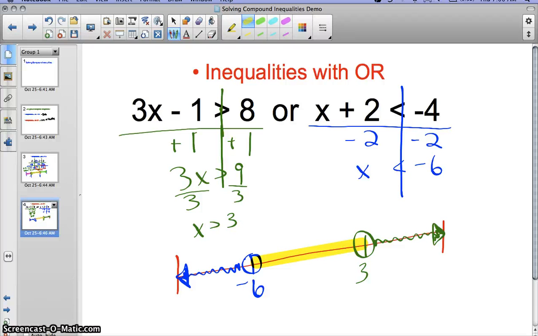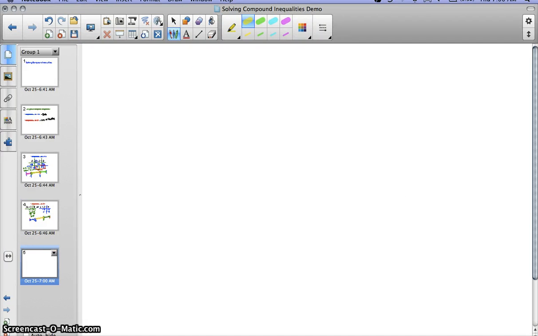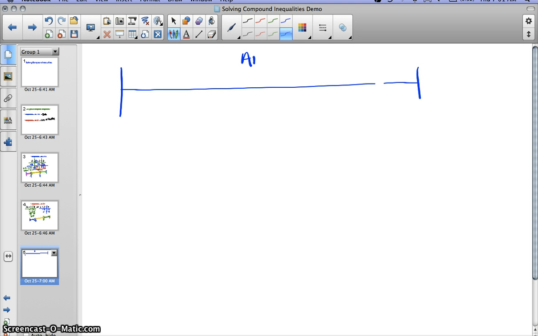The only thing you might need to watch out for, let me just give you a couple quick demos. I'm just going to draw the graph just to give you kind of a heads up. Okay, I'm going to say if this is an AND, so I'm not going to tell you what the original inequality was. I'm just going to make this up on the spot here. So if the points were negative 2 and 4, and say this one was closed, and it went to the left, and this one was open, and it went to the right.